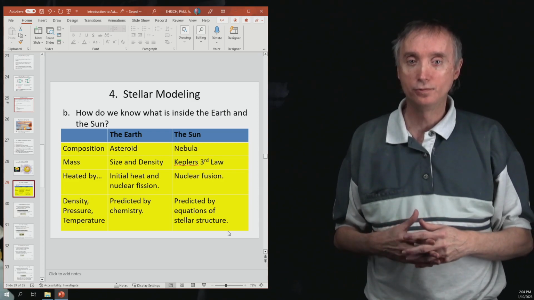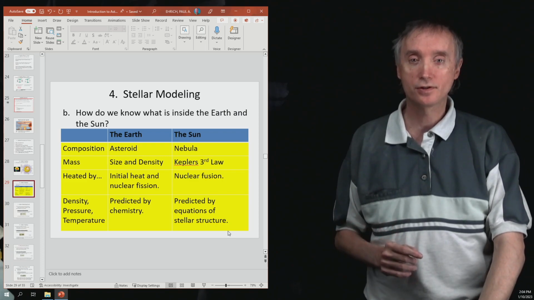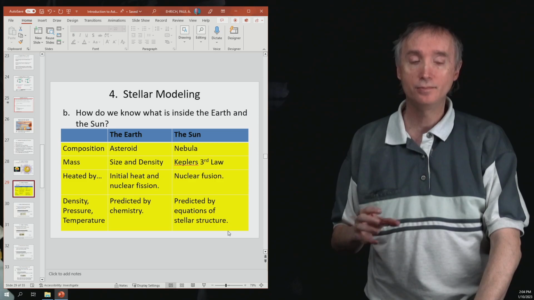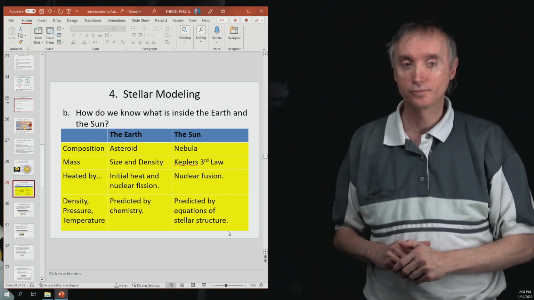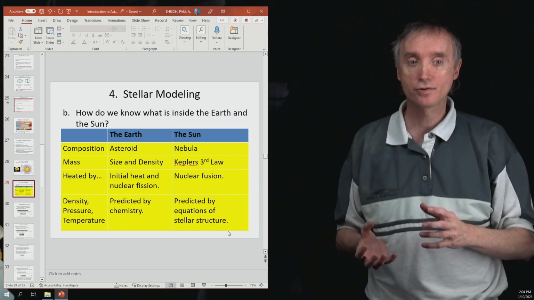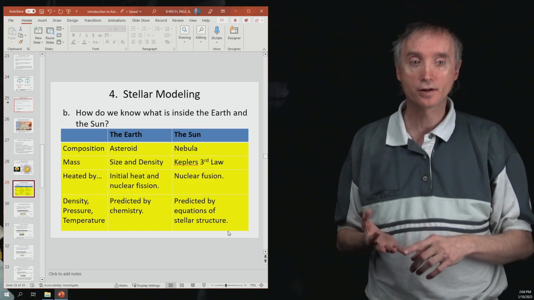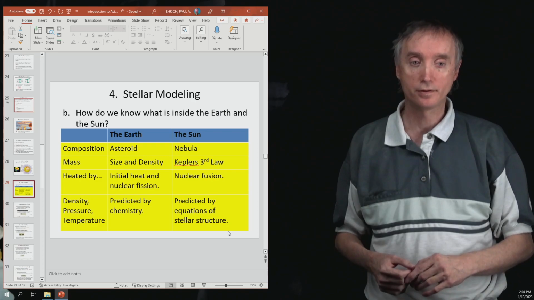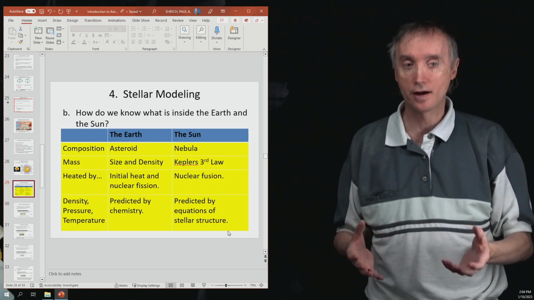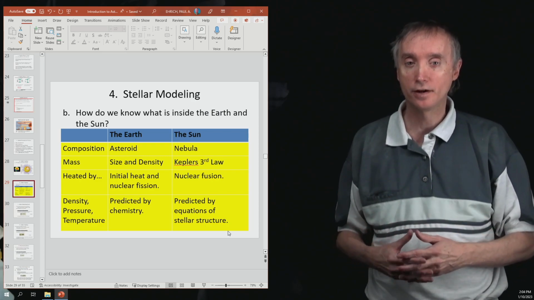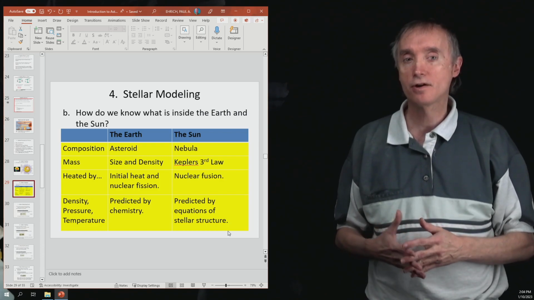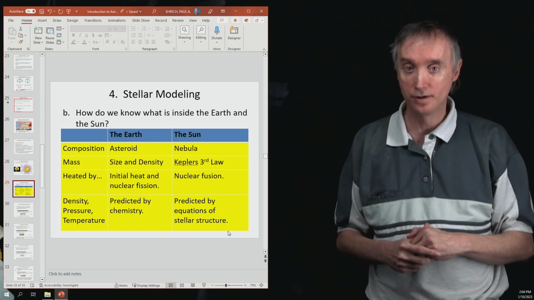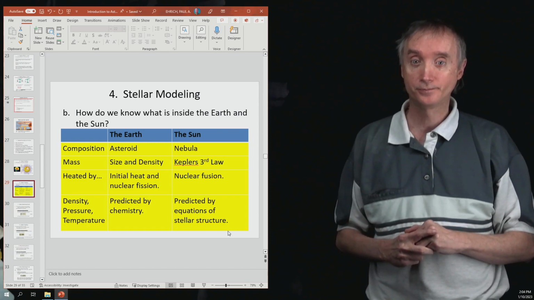So for example, we know the composition of the Earth. We assume that it's the same as an asteroid. So an asteroid is made mostly of iron and nickel with some rock that goes with it, made of silicon and oxygen, and a smattering of other elements. So that's our starting point. We think that the Earth has the same composition as an asteroid.